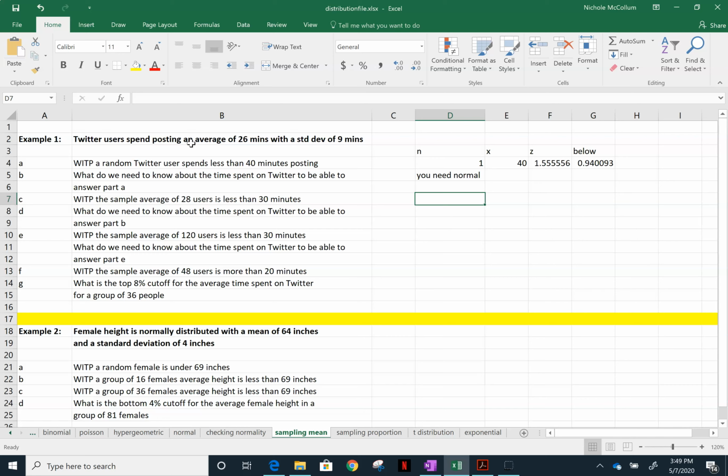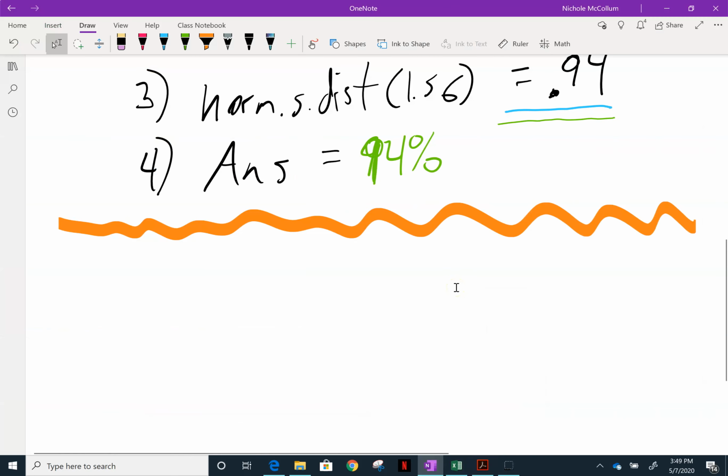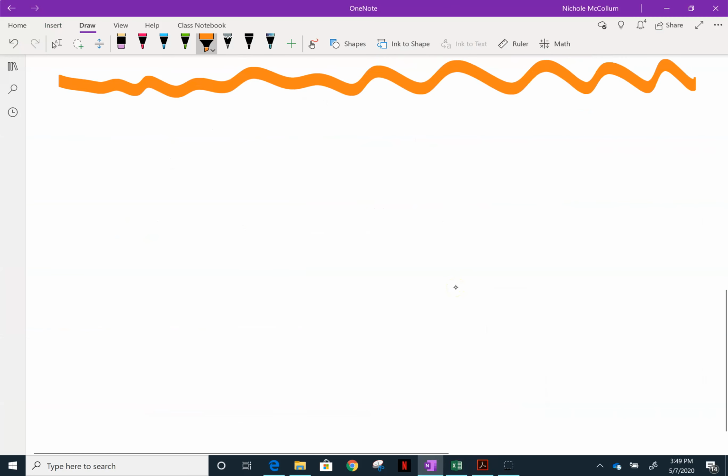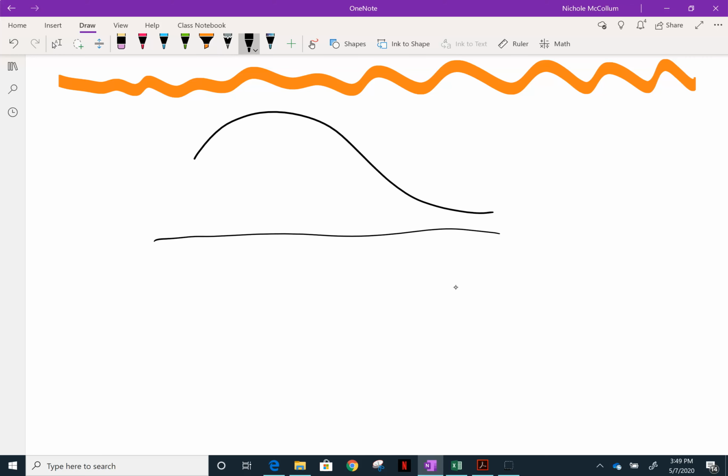All right. Part C. What is the probability the sample average of 28 users is less than 30 minutes? So we have users now. We have a group of 28 coming in. And so once again, I'm going to draw my normal picture. The standards are still true.